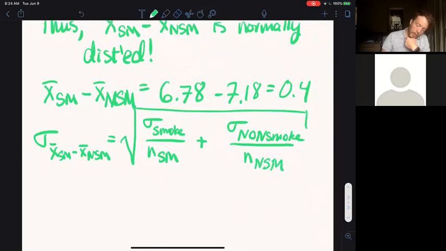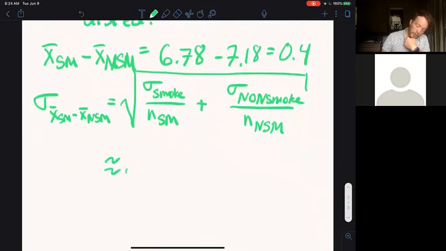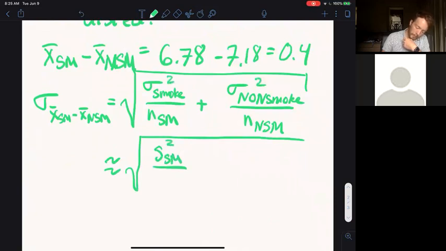Since we don't actually know the population standard deviations, we approximate them with the sample. Oh, and all of these should be squared, excuse me, because we're actually using the variance here.